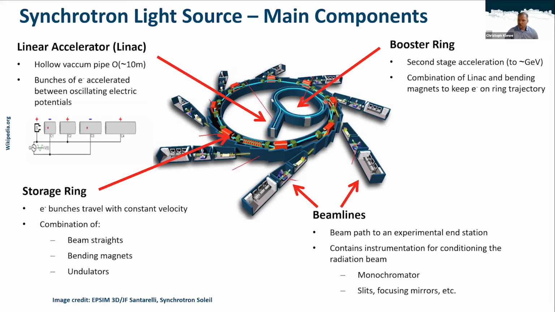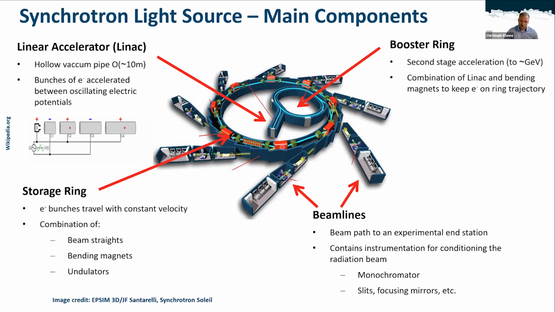And from the booster ring, then the electrons are injected into the actual storage ring, which is this structure here. And this is the third stage, and in the storage ring, the electrons travel with a constant velocity through a number of bending magnets and insertion devices, both of which can generate the X-rays that we then want to use for the experiments.